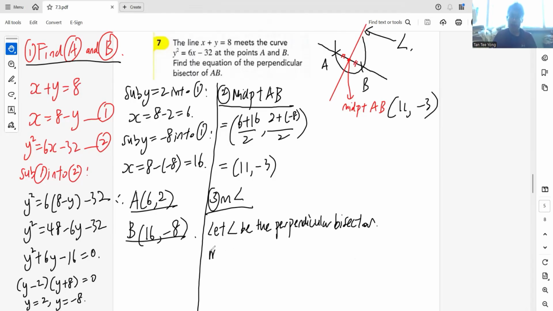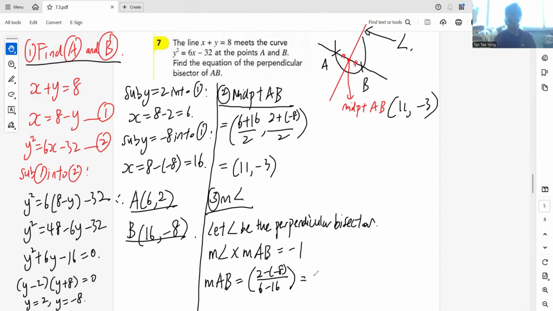So we know that the gradient of L times the gradient of AB is equal to -1, because they are perpendicular. So we need to find the gradient of AB first. Gradient of AB is y1 minus y2 over x1 minus x2, so (2 minus -8) over (6 minus 16).